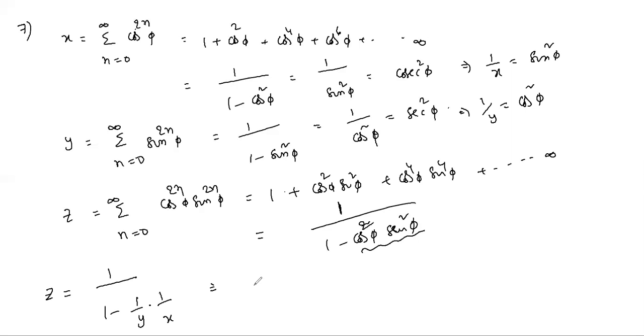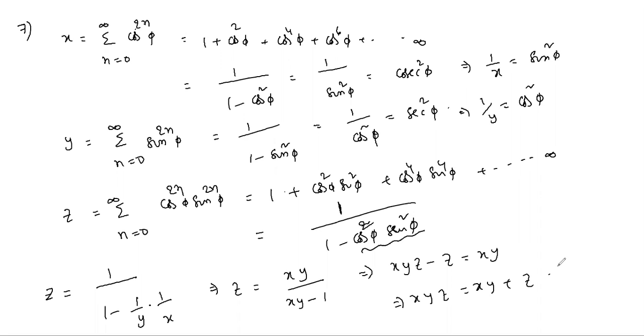So z equals, by taking LCM, xy by xy minus 1. By cross multiplication, xyz minus z equals xy, so xyz equals xy plus z. Second option is correct.